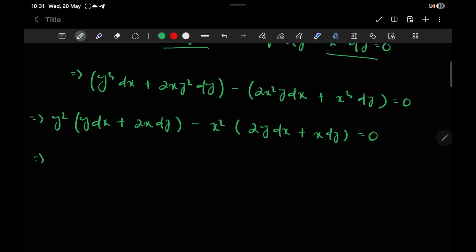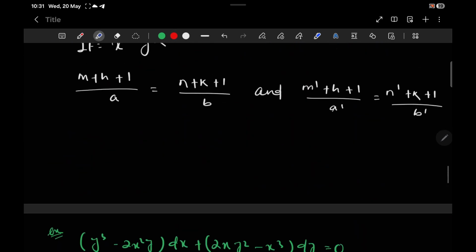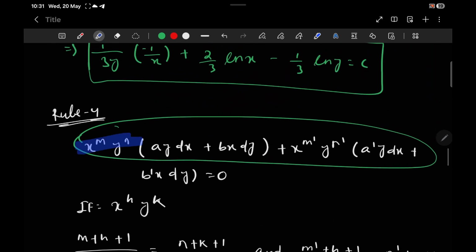And also let's do one thing, let's multiply this minus into the bracket. So y square (y dx plus 2x dy) plus x square (minus 2y dx minus x dy) is equal to 0. So here this equation is similar to our general form.